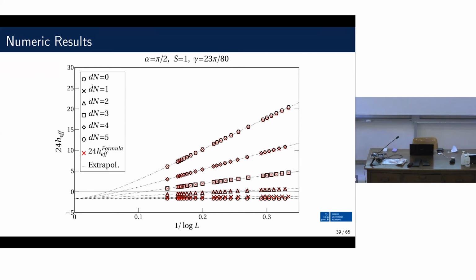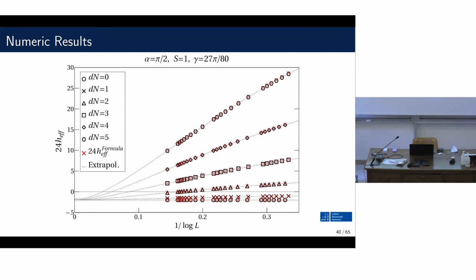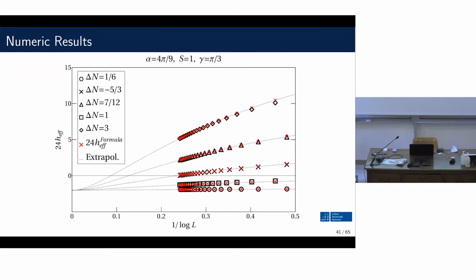And you find perfect matching for various dn's and also various alpha and various gamma. You see perfect matching, and also this decreasing behavior which was also predicted.